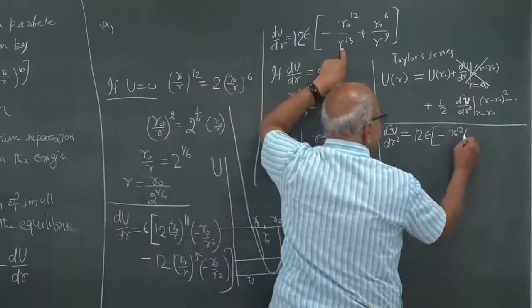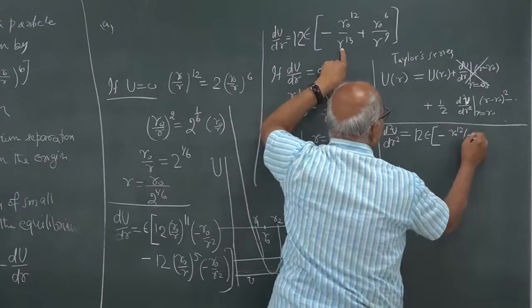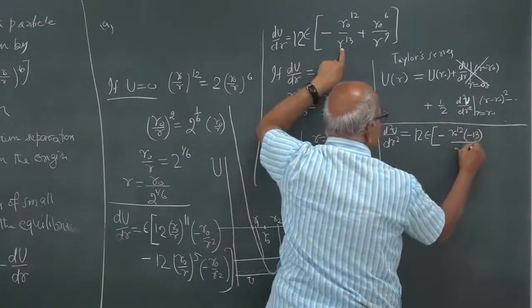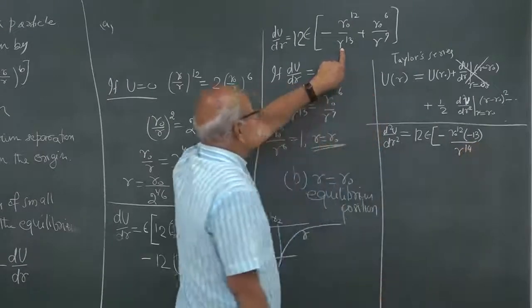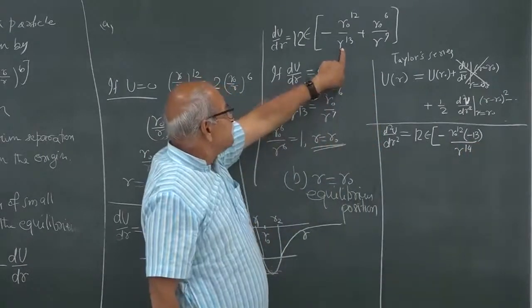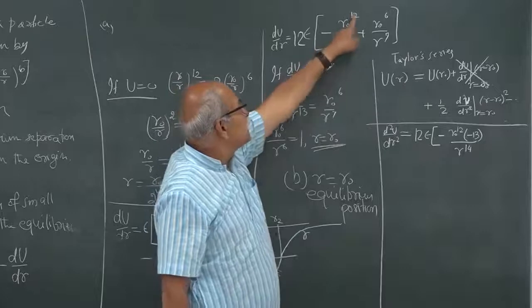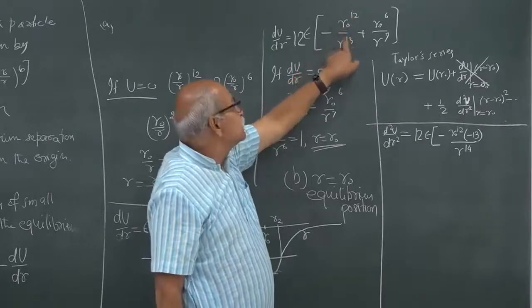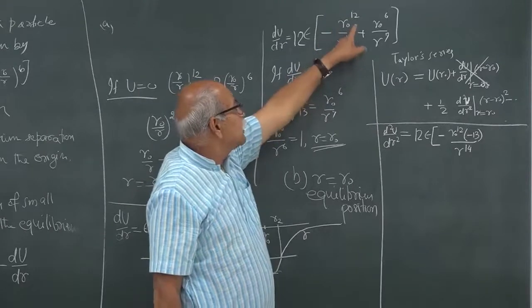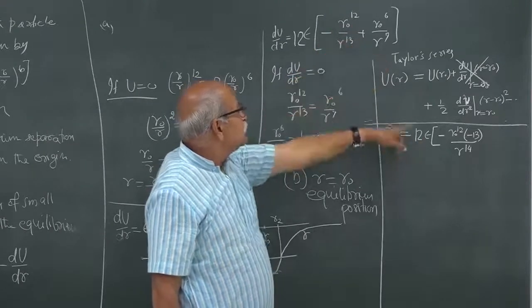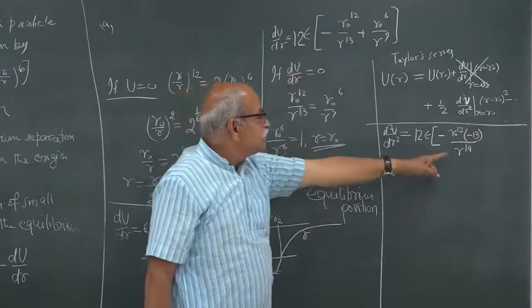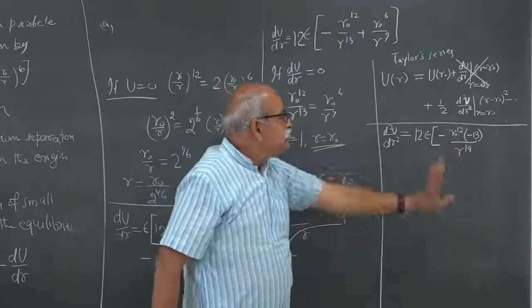So, minus 13 here and then r to the power minus 14. So, r to the power 14 in the denominator, right. I have written r naught to the power 12 which is constant, and then I have to differentiate r to the power minus 13. So, minus 13 r to the power minus 14, and r to the power minus 14 is written as r to the power 14 in the denominator.